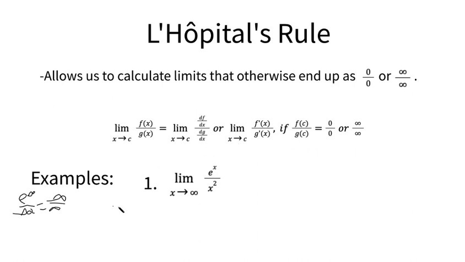So this means we can use L'Hopital's rule, and we can differentiate with respect to x, just take the prime of the top and the bottom. What we get is e to the x, because the derivative with respect to x of e to the x is just e to the x. Every derivative of e to the x is just e to the x.